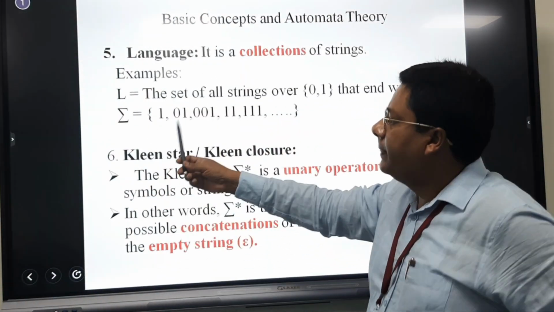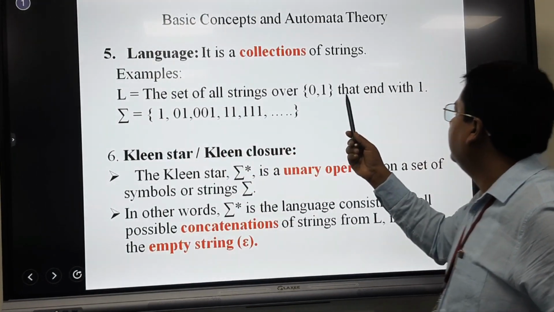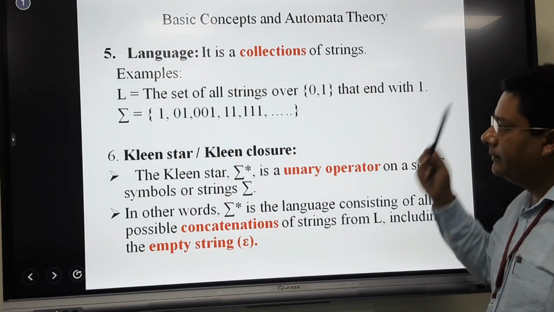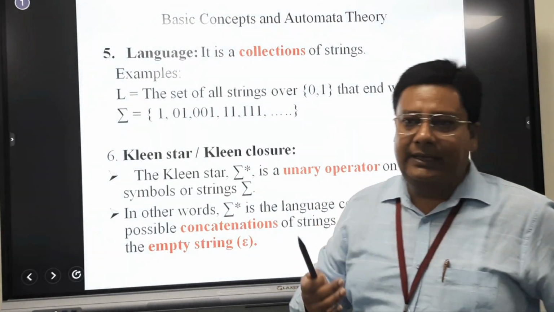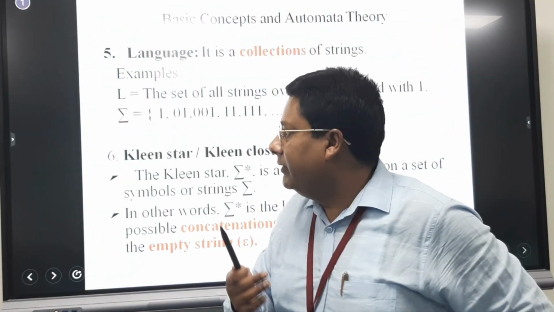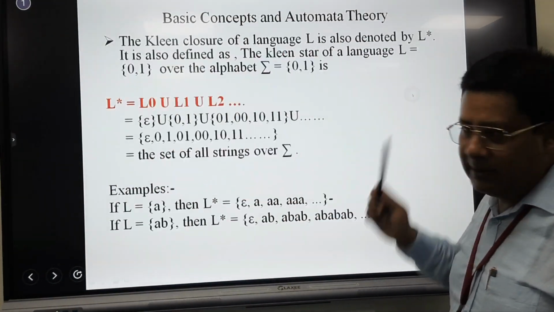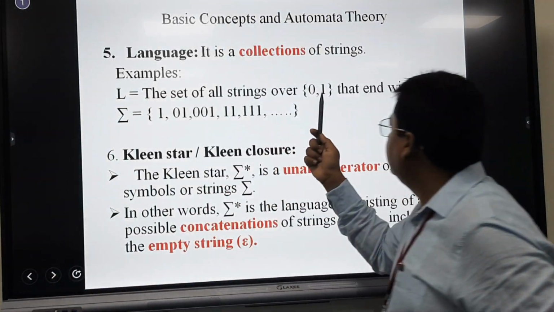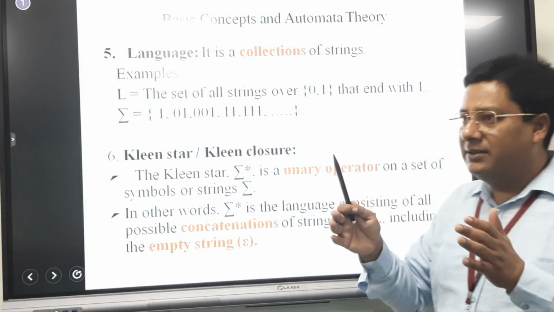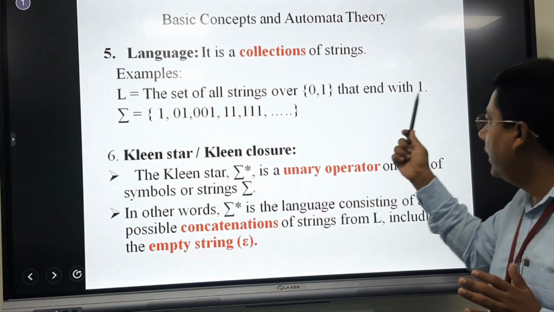For example, the set of all strings over {0, 1} that end with 1. We have to find the strings that can start with either 0 or 1, no issue, but must end with 1 only.